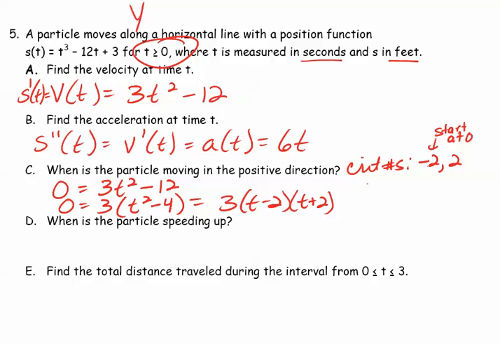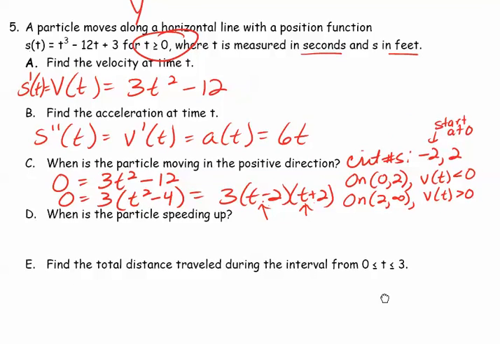All right, so we want to test our intervals here from 0 to +2. Think of putting a number in here that's between 0 and 2, like 1, and we'd have a 3 times a negative times a positive. So the velocity is negative. And then once we choose a number bigger than 2, both of those parentheses will be positive.